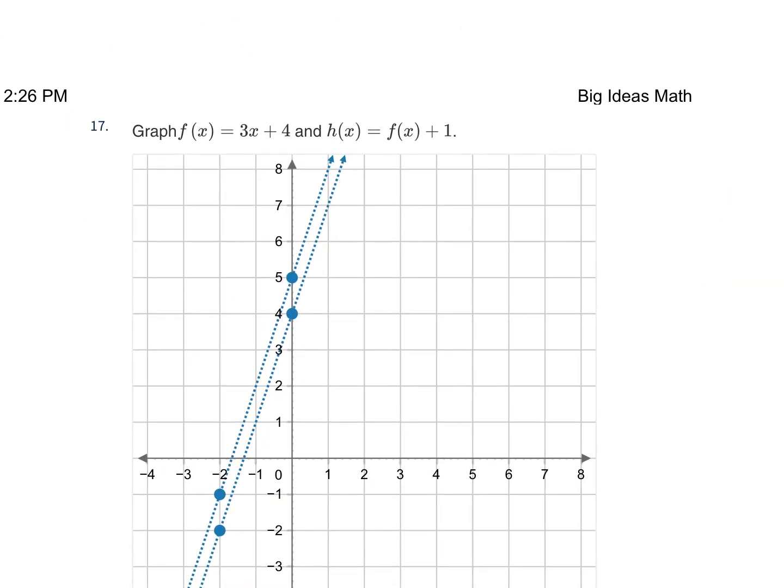All right, our transformation here is we're adding 1, and it's on the outside, right? So that means that it's a vertical shift, and it's +1.